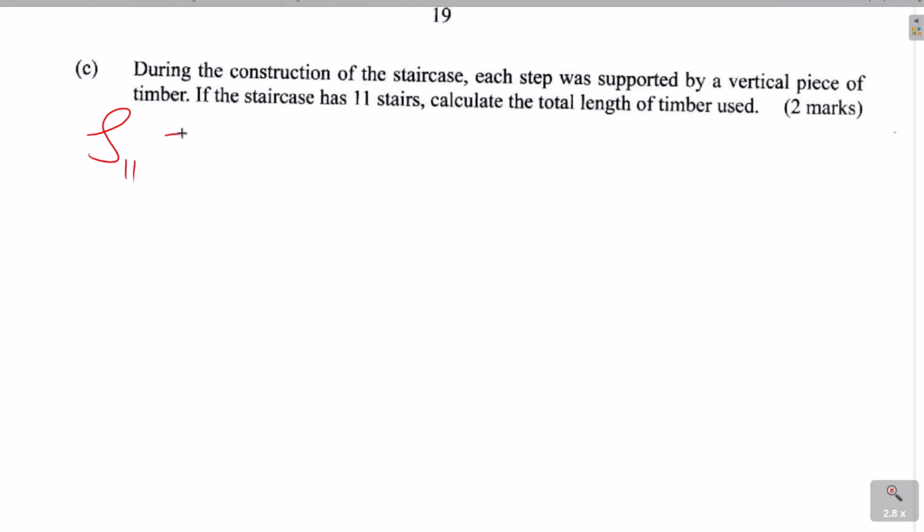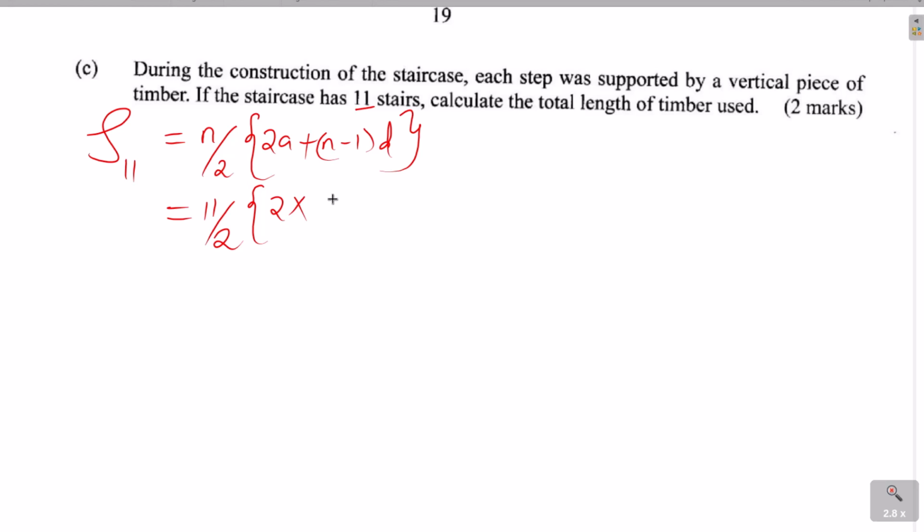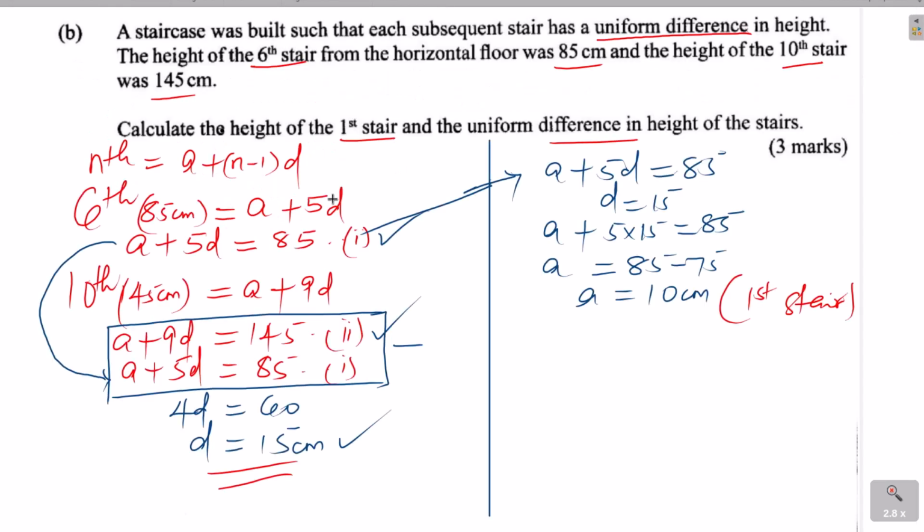So the sum is given by this formula, n divided by 2, then 2a plus n minus 1 multiplied by d. So n, because we are getting the sum of the heights of these 11 stairs, so we have 11 divided by 2, then 2 multiplied by a, where a is the height of the first stair, which we calculated.